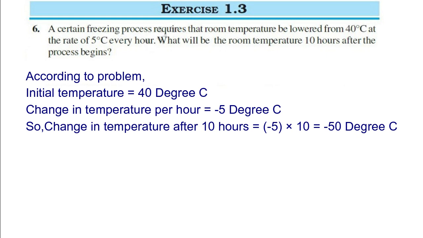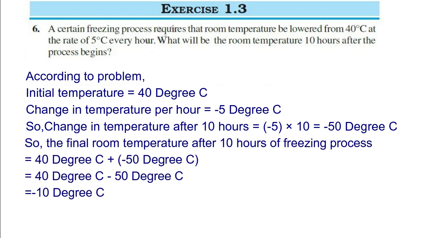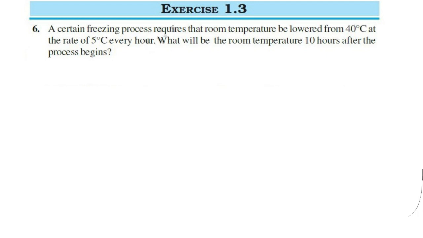So the initial temperature is 40 degrees centigrade and after 10 hours the temperature will be decreased by 50 degrees centigrade, so 40 degrees centigrade minus 50 degrees centigrade. The final room temperature after 10 hours of freezing process equal to minus 10 degrees centigrade.